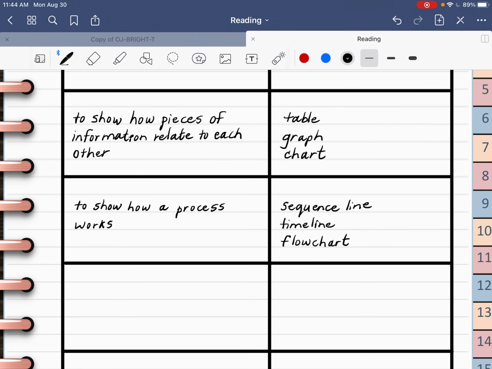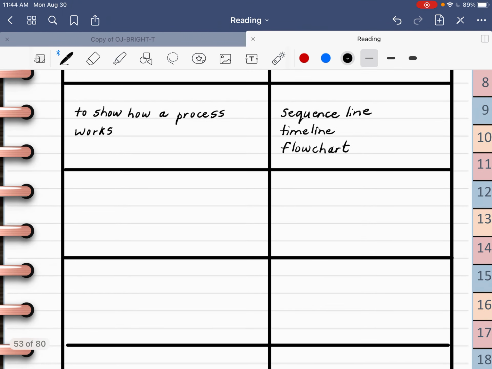Okay, the next type of graphic is used to show sequence of events. And just like the one before it, you can use a timeline or a flow chart. They're kind of along the same line. This one probably would be a timeline. But you could use a flow chart there as well.